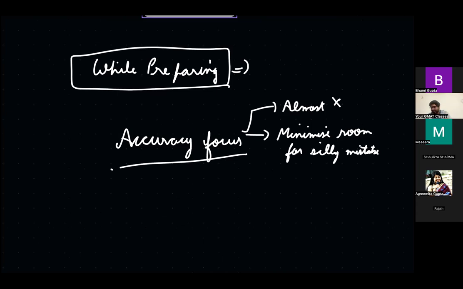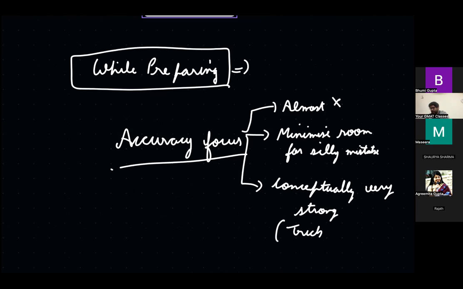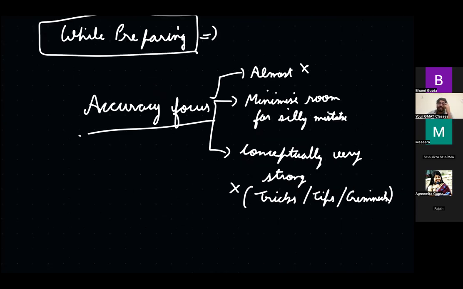Third, I have to be conceptually very strong. See, I do not believe in tricks, tips, gimmicks. I am one trainer who does not care about these tricks, tips, and gimmicks. Because if these tricks, tips, and gimmicks actually work, then people who know about this will score good in GMAT.